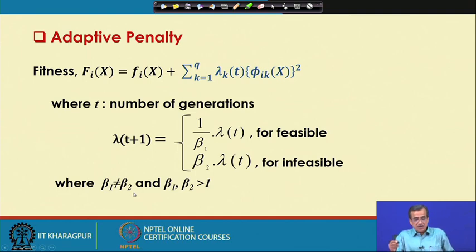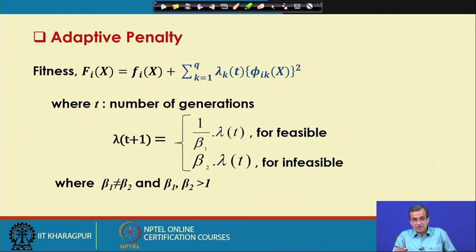Now, here I just want to mention one thing. According to this adaptive penalty, suppose that a particular functional constraint is going to be violated. For this particular infeasible solution, we put a high penalty value, and even for a feasible solution, when there is no such violation of the functional constraint, we put a small penalty value instead of putting it equal to 0.